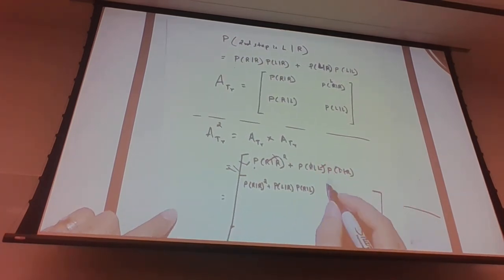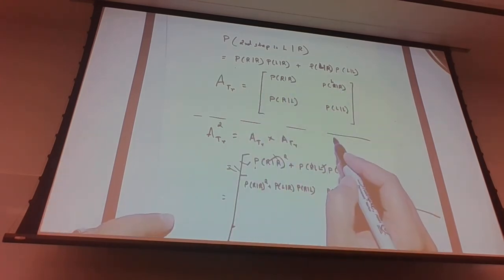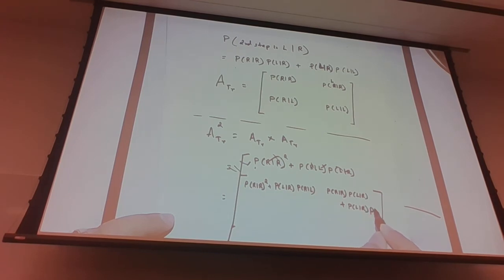So that is P(R|R) multiplied by P(L|R) plus P(L|R) multiplied by P(L|L), right?